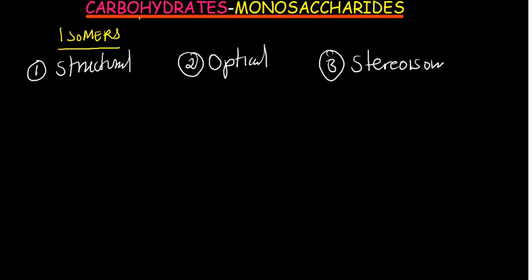When it comes to structural isomers, these are just compounds which have the same formula but different structures. For example, we've looked at glyceraldehyde and also dihydroxyacetone.